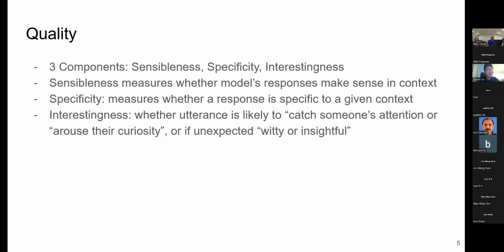That's probably not a very sensible response to the context that the user has created. And specificity measures whether a response is specific to a given context. Let's say the user says, "I like soccer."